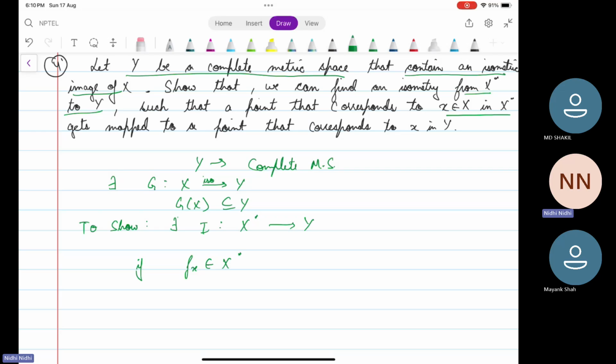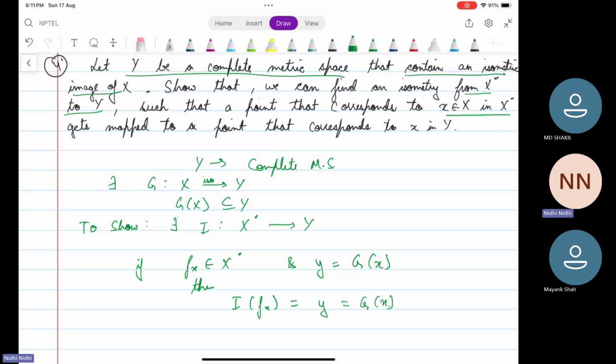So if f_x is in X star and y is equal to g of this x, then we should have x in X star gets mapped to a point that corresponds to x in Y. So that means I of f_x should be equal to y, or g(x). I hope this is clear.